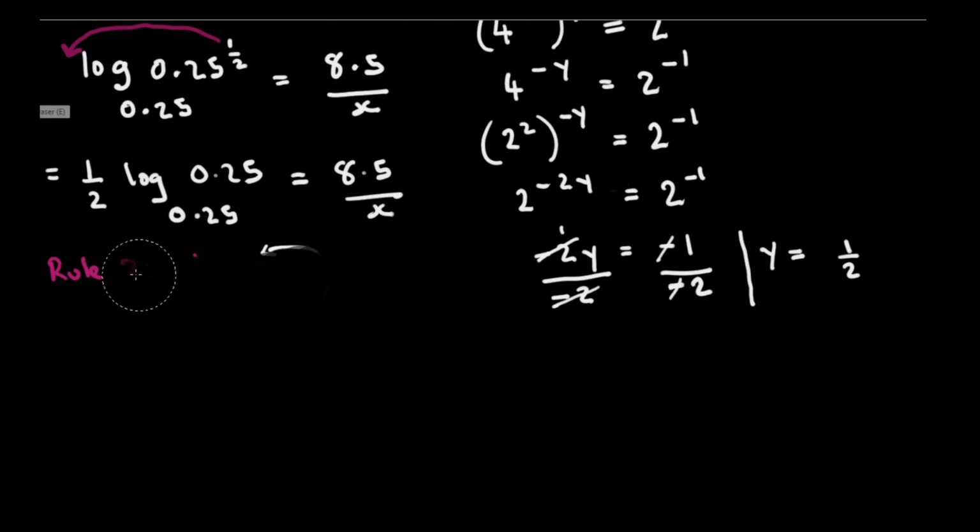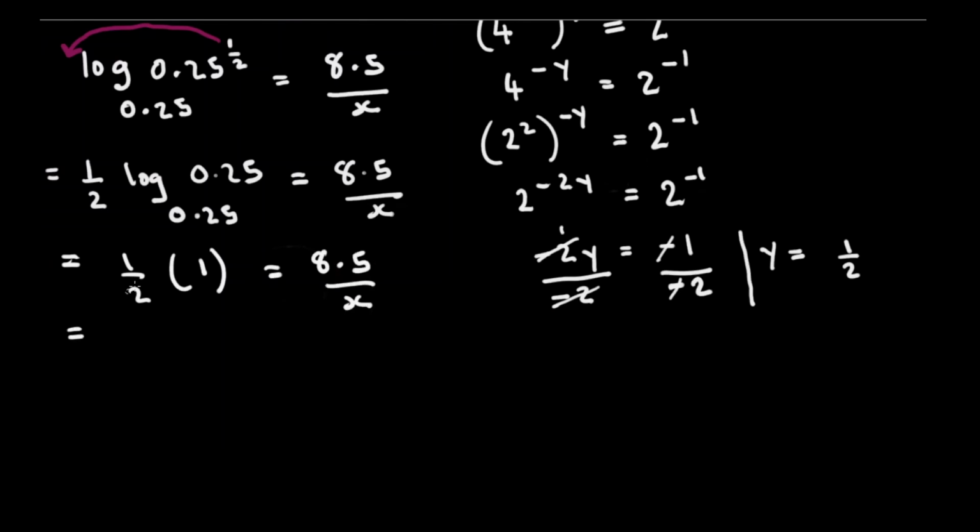Again, applying the same law, it means we now have half multiplying 1, since log of 0.25 base 0.25 is equal to 1. So half multiplying 1 is equal to 8.5 over x. What is 1 half times 1? It is 1 half. So 1 half is equal to 8.5 over x.